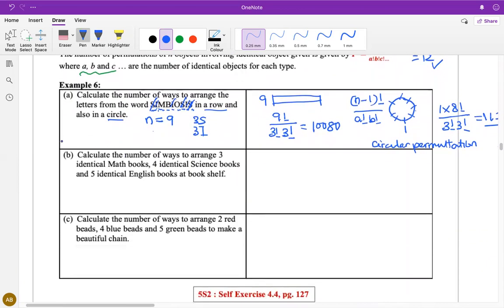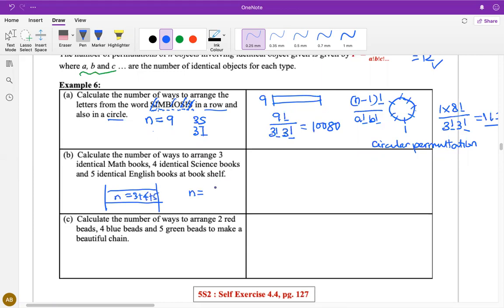Okay, so now B, calculate the number of ways to arrange 3 mathematical books and 4 identical science books and 5 identical English books in a bookshelf. Bookshelf means we are arranging them in a line.